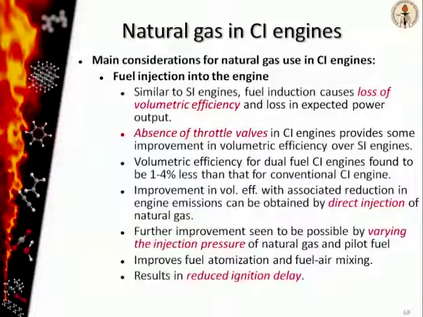The net result of adding natural gas into diesel engines is that the volumetric efficiency only drops by about 1 to 4%. And there are other techniques to improve the volumetric efficiency, such as varying the injection pressure, which I'll skip for now.